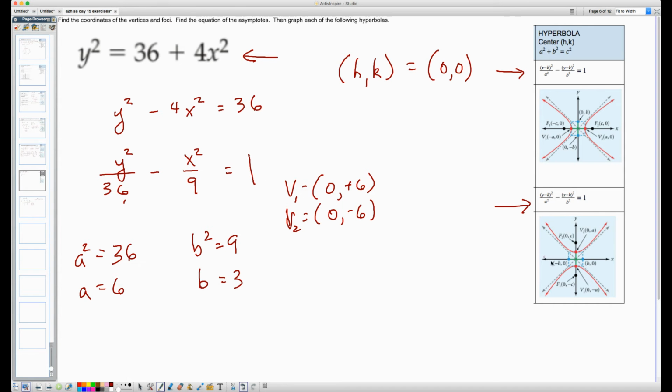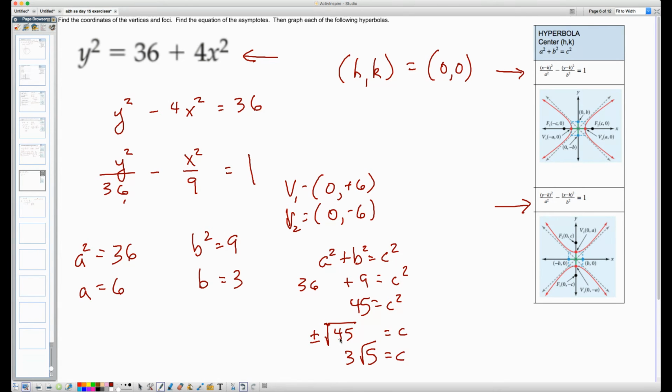Find the foci. The foci of this are going to be (0, plus or minus c). How do you get c? We use a squared plus b squared is equal to c squared. I have 36 plus 9 is equal to c squared. That's 45, so 45 is equal to c squared. c is equal to plus or minus the square root of 45, which is 3 times the square root of 5.